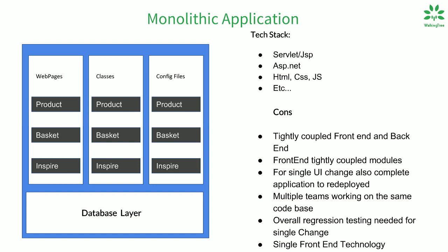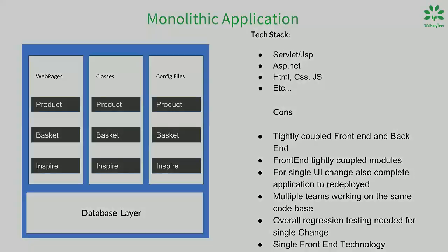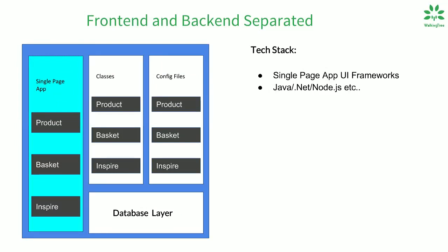The next step is separating the front end and back end. Earlier in the monolithic application, the front end sat in the same code base and everything was served from the server only. Now the front end and back end are separated, accelerated by technologies like EXTJS.